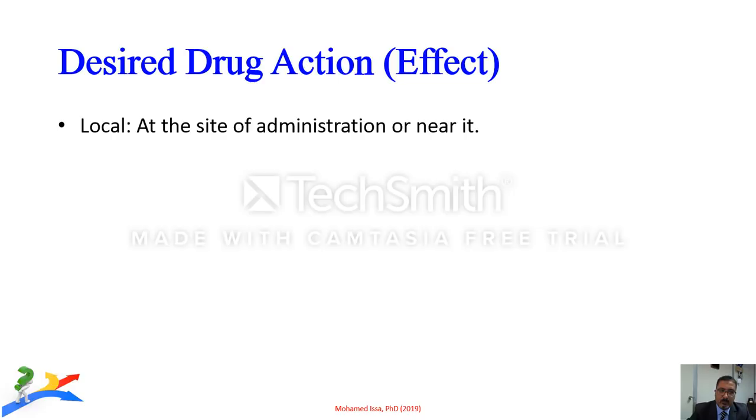So when we say the word local, it means the effect of the drug is confined to the site of administration or near the site of administration. If you have a problem in the eye, allergy for example, then we can use antihistamine eye drops. This is an example of a local effect.